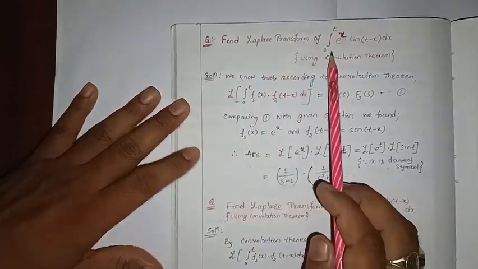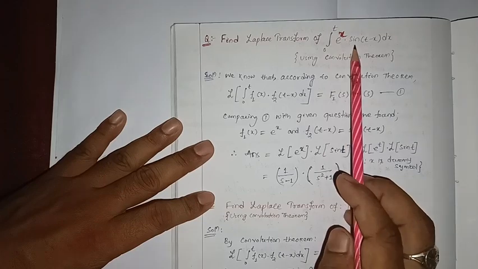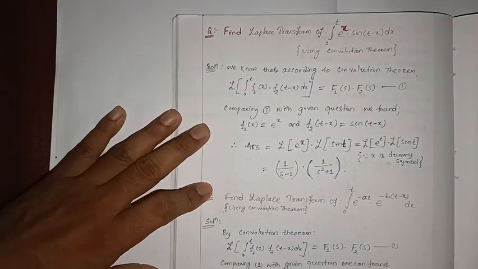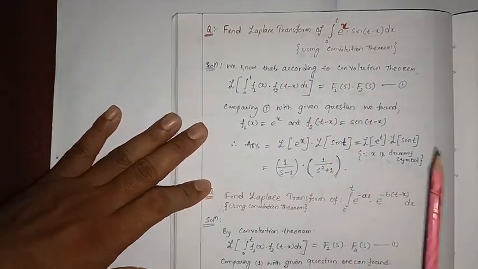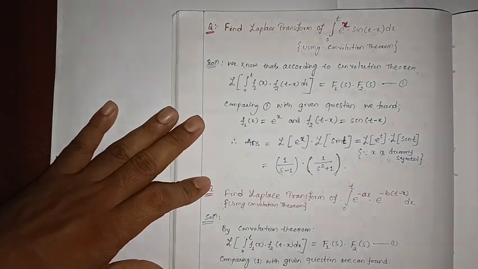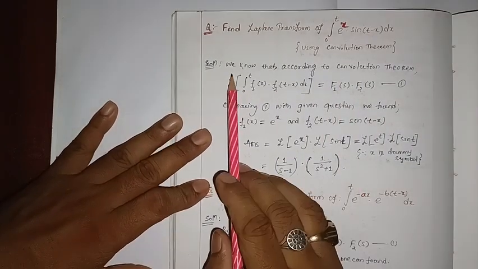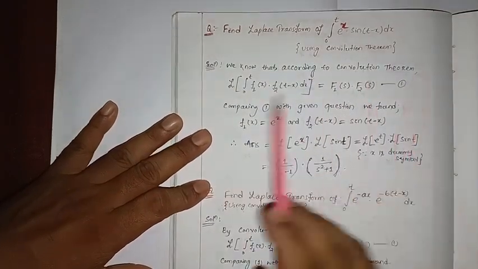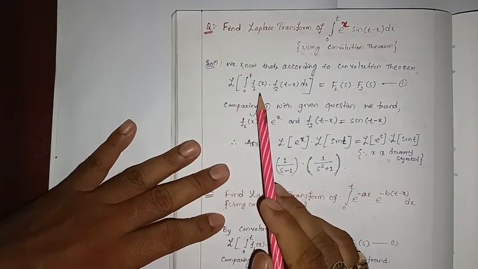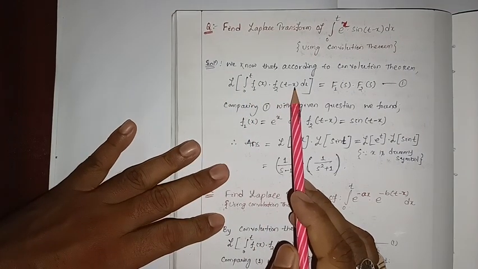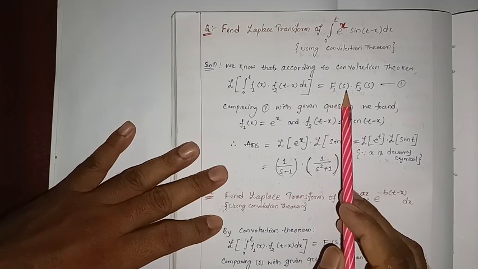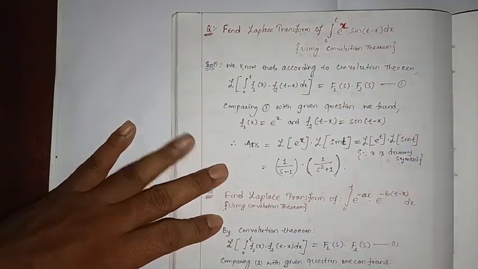Find the Laplace transform of the integral from 0 to t of e^x sin(t minus x) dx. This numerical we are going to solve using the convolution theorem. According to the convolution theorem, the Laplace transform of the integral from 0 to t of f1(x) f2(t minus x) dx equals F1(s) into F2(s). Let this be equation number 1.